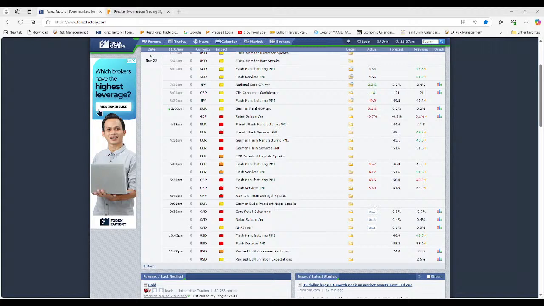Okay, now we have 15 seconds left. We have already put in the trade, and let's see what happens. Okay, let's see what the Canadian data is.